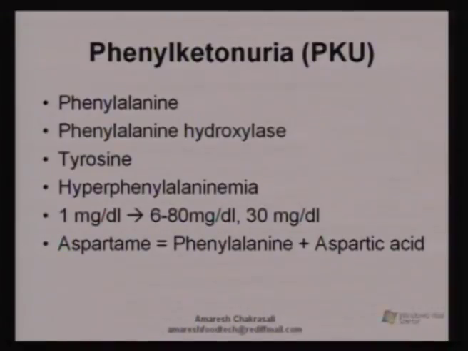This phenylketonuria which I just spoke about is also an example like that. Any product containing aspartame, which is synthesized using phenylalanine and aspartic acid, serves as an artificial sweetener. It is used in many diet soft drinks, sweets and juices.